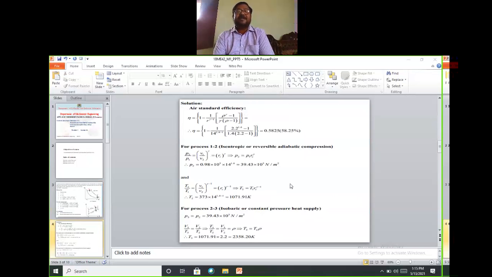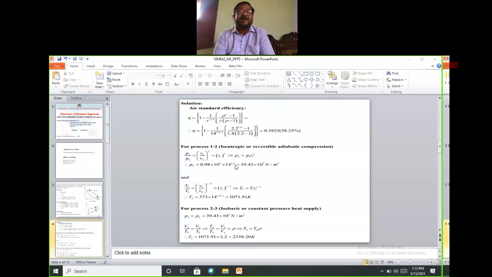Here, for the compression ratio, P2 by P1 is equal to V1 by V2 raised to the power of gamma, that is the compression ratio r raised to the power of gamma. P2 is equal to P1 r raised to the power of gamma. P1 is given as 0.98 into 10 to the power of 5, it is given in bar, as I explained while writing the given data. So 0.98 into 10 to the power of 5 into r, given as 14, raised to the power of gamma.